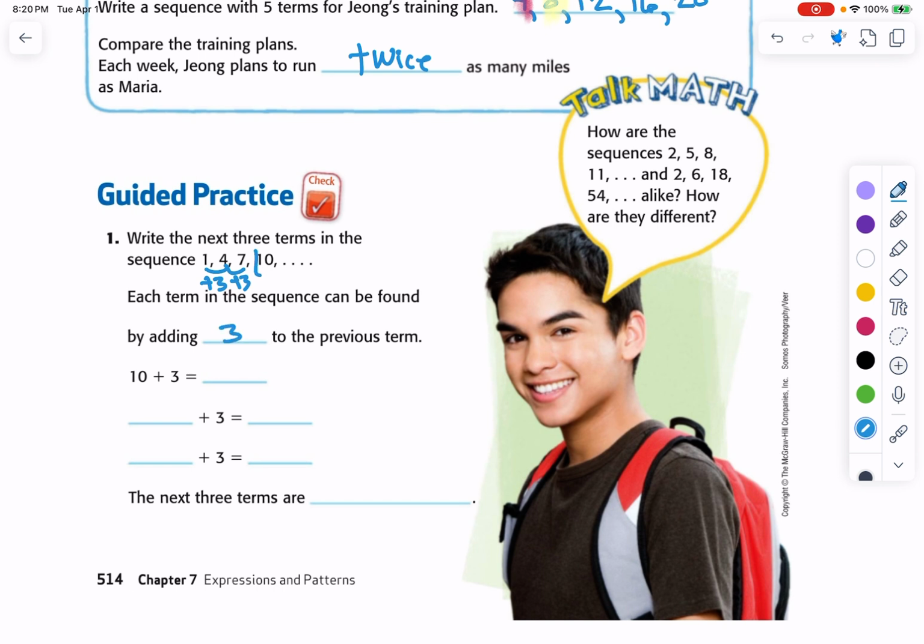So if we start here with a 10 and we add 3, we get 13. And then we'll add 3 to 13, which is 16. And then we'll add 3 to 16, which is 19. So the next three terms are 13, 16, 19.